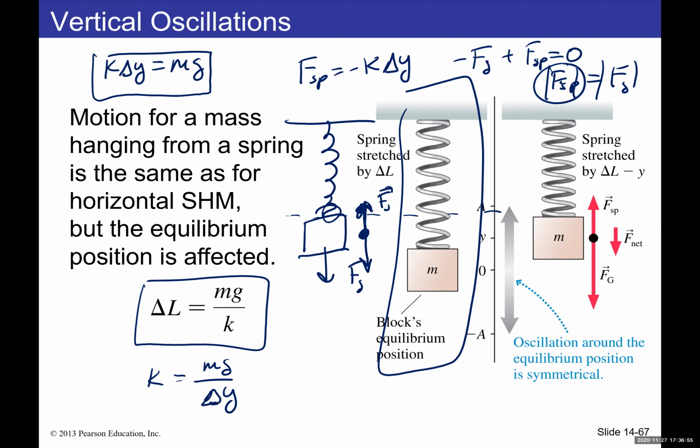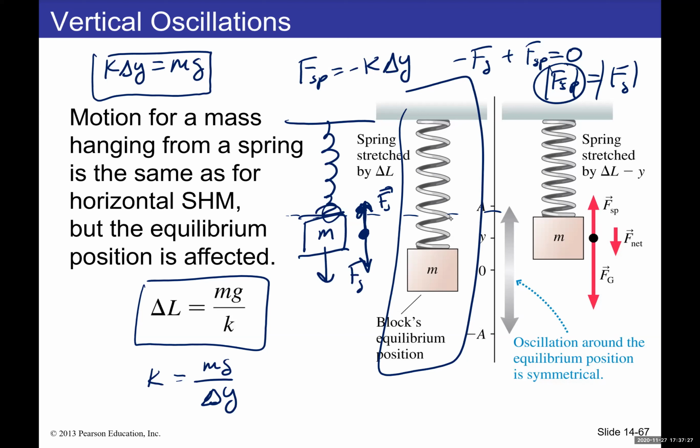So that's why in experimental labs, what we can do is have a spring in equilibrium, just unstretched, then attach a known mass, stretch it a little bit, measure that stretch distance, delta y, or delta L if you want to call it that, and then take the ratio. So mg over delta y will give you the spring constant k.